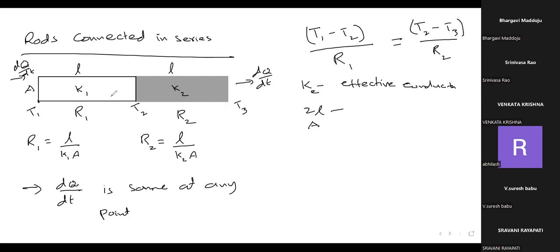The rate of heat flow throughout both rods will be the same. We can write T1 minus T3 as the sum of the temperature differences: T1 minus T2 plus T2 minus T3.